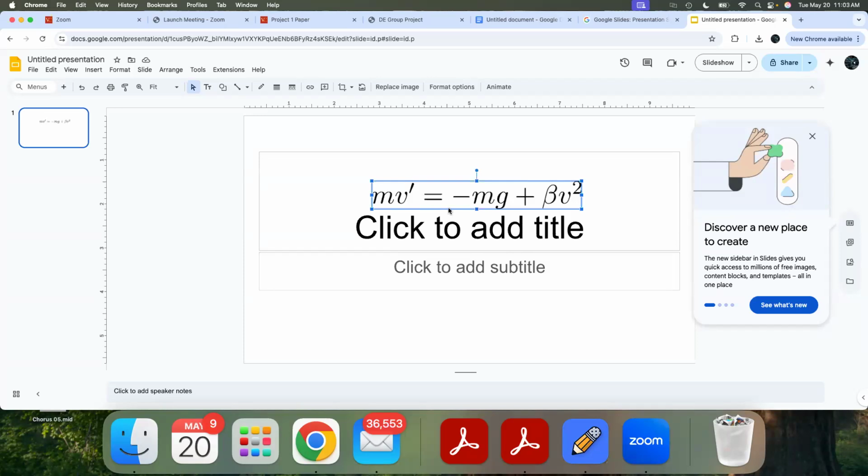Then somebody else is responsible for typing up the paper. Then another person might be responsible for doing the slideshow and producing all the graphs. And that's if you have three people. If you got four people, the fourth person maybe helps everybody else. I don't know, figure out as a group how you're going to split up the work.